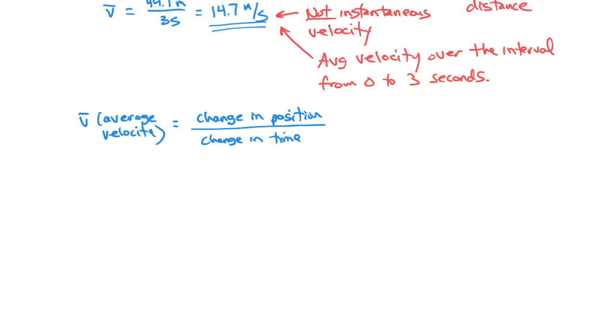Now this change in position, in your physics class, when you're dealing with vectors, you'll call this displacement. We don't talk a lot about displacement in calculus, because in calculus 1 and calculus 2 we don't have vectors. But you'll see change in position is often referred to as displacement. But basically the average velocity is just change in position over change in time.